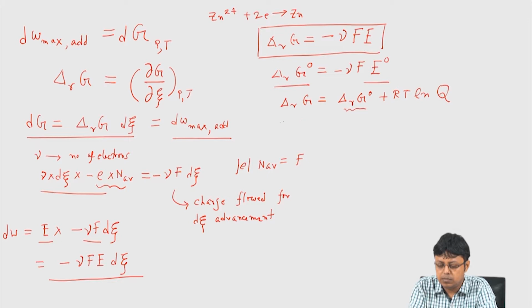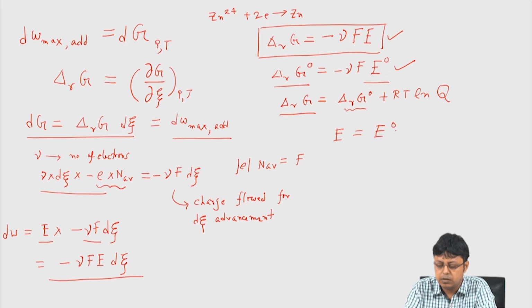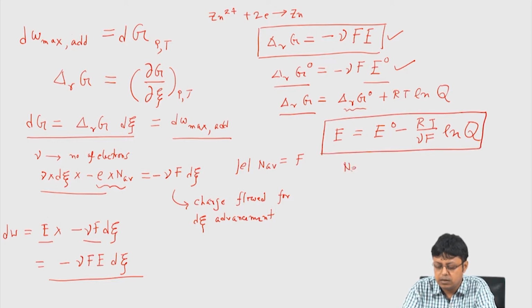So, we can use minus nu F E for delta G and minus nu F E 0 for delta G 0, and then if you divide both sides by minus nu F, on my left hand side I have E, and on my right hand side I will get E 0 minus RT by nu F ln Q. This equation is known as the Nernst equation.